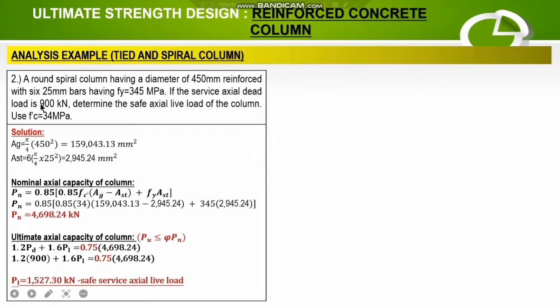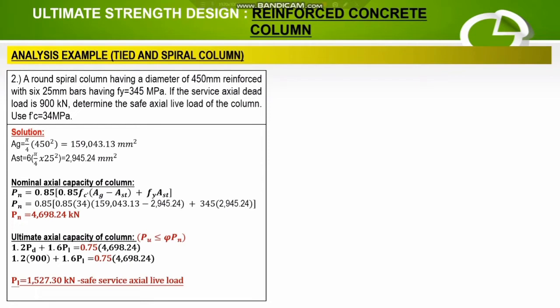We can consider this problem as an example of analysis, since we are given the cross-sectional dimension of our spiral column of 450 mm diameter, as well as the material properties such as fy, fc prime, the number of our longitudinal reinforcement, which is six 25 mm bars, and of course, we are given the axial load in terms of dead load, which is equal to 900 kilonewtons.